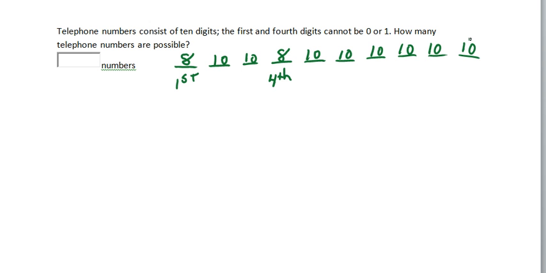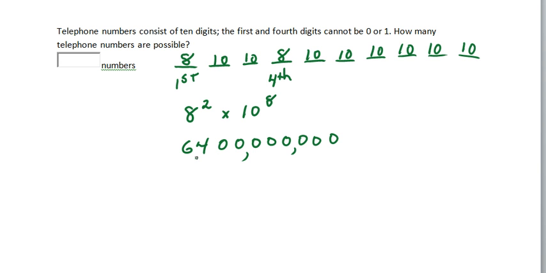Therefore, the number of possible telephone numbers with these conditions is 8 squared times 10 to the 8th, which is 64, followed by 8 zeros, which is 6,400,000,000 telephone numbers.